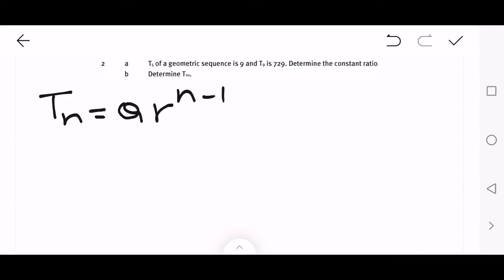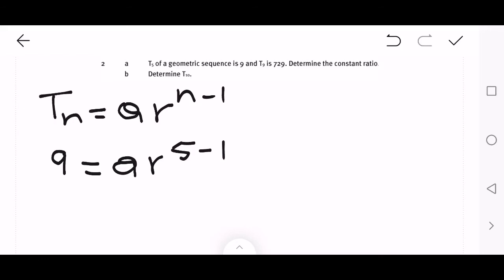Now we can substitute what we're given into this formula. So we're given that T5 of this geometric sequence is equal to 9. So we'll say 9 equals a multiplied by r to the power 5 minus 1.